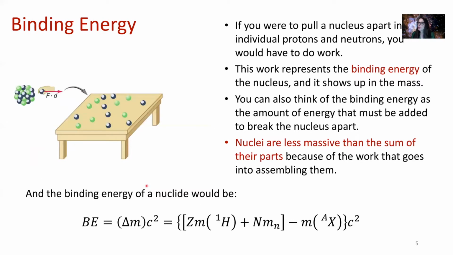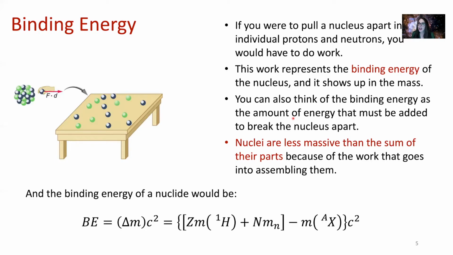If you were to pull apart a nucleus into individual protons and neutrons, you would have to do work. You would have to overcome what we call the strong nuclear force, which tries to hold together the nucleons. This work that you have to do represents what we call the binding energy of the nucleus. You can also think of the binding energy as the amount of energy that must be added to break apart the nucleus.